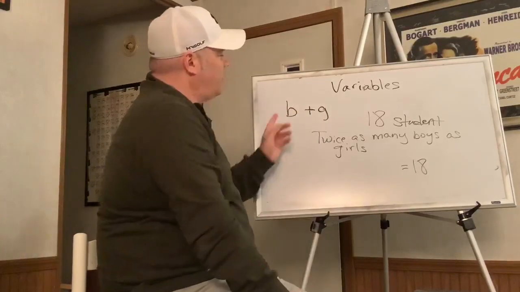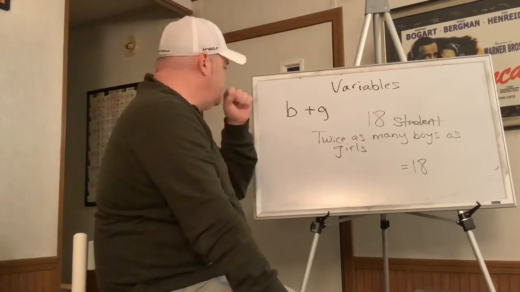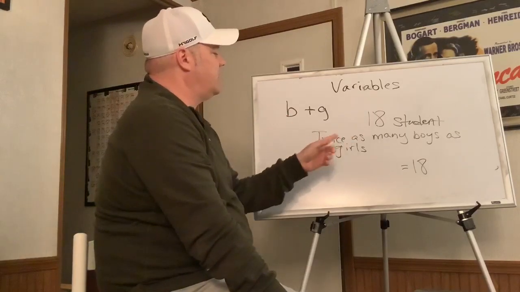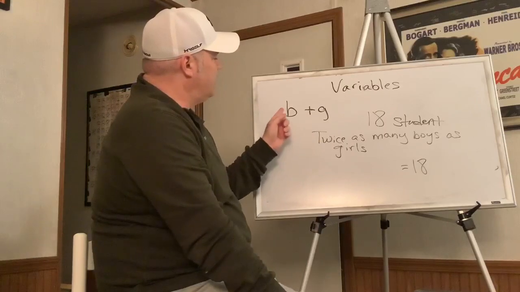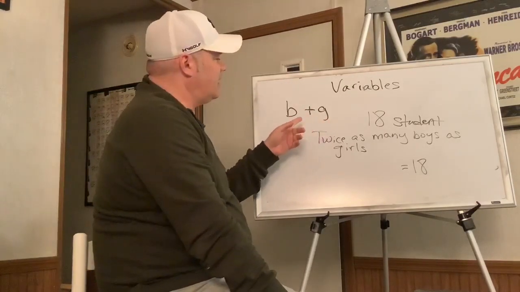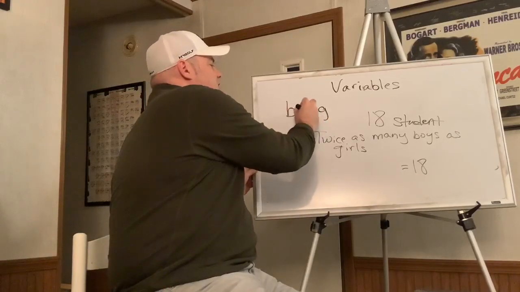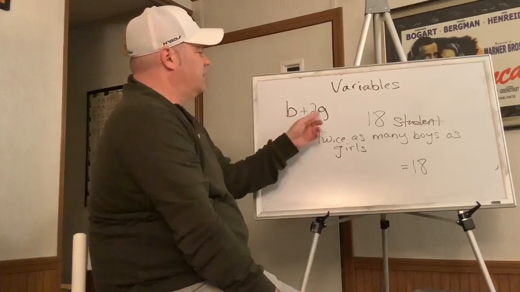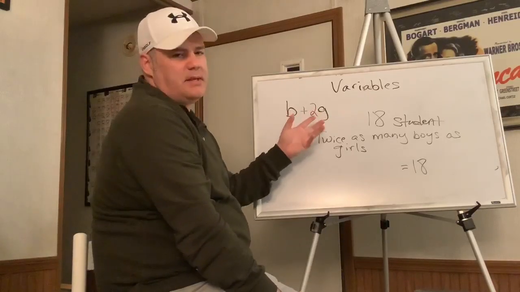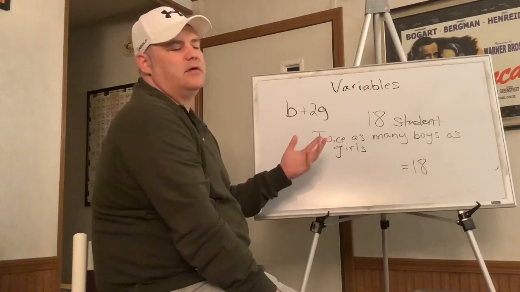So I've got boys and girls, and all I know is I have twice as many boys as I do girls. However many girls I have, twice as many boys, but I can't necessarily solve for it this way because I can't combine a b and a g, and it still doesn't tell me how many boys and how many girls I have.